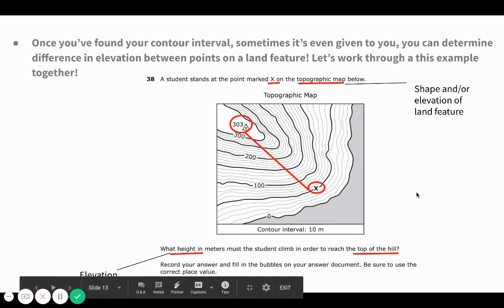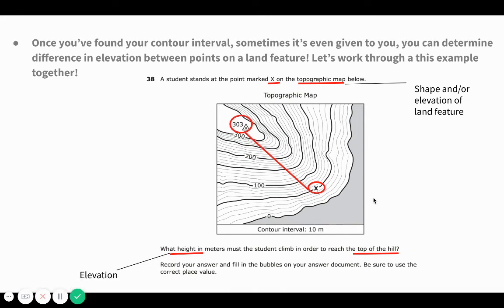Now, to find this distance, we need to know the difference in elevation between each contour line, or our contour interval. Now, we know how to find our contour interval using our steps like we did in our last example, but if we look at our map, our contour interval is given to us.